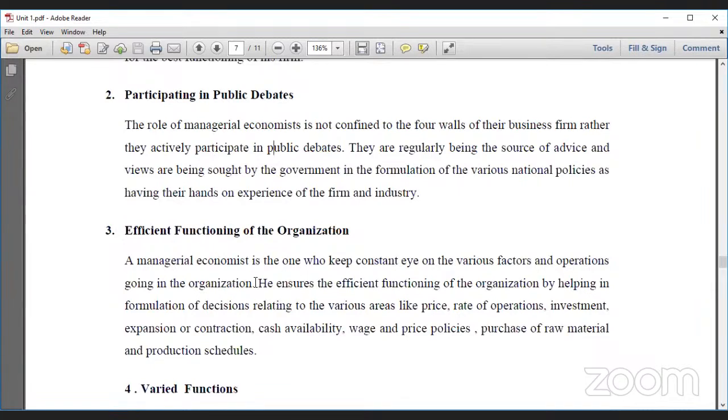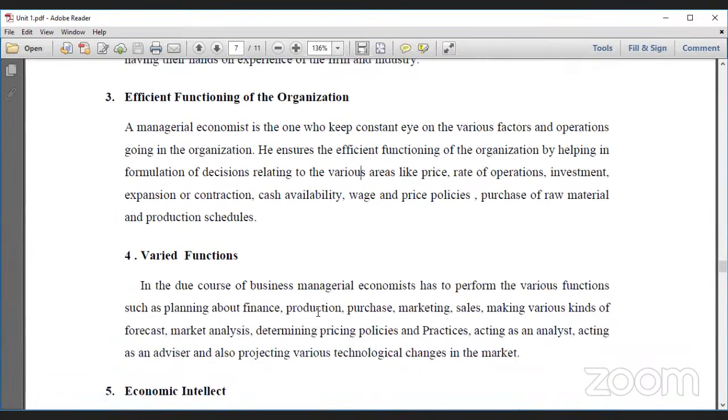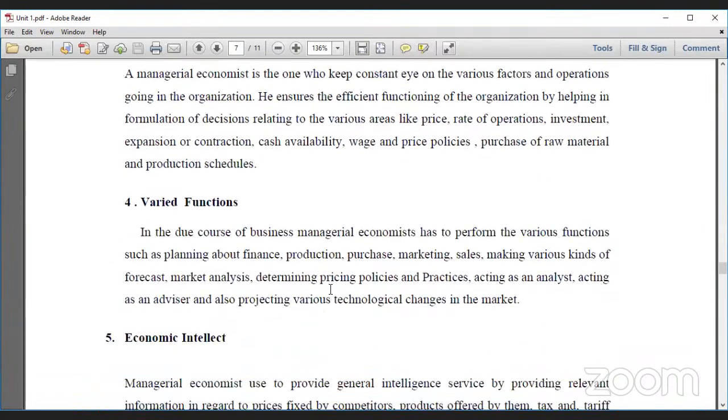Efficient functioning of the organization, better coordination, better understanding, better employee-employee relationship, and reward for good work will help increase the efficiency of the business firm.